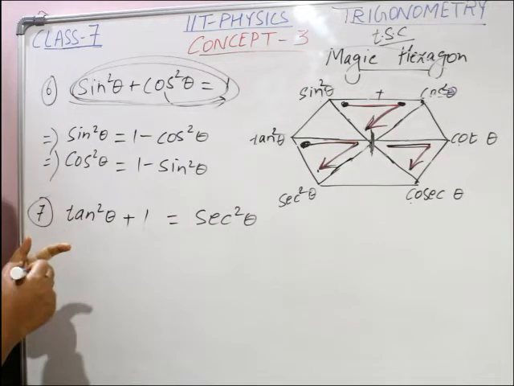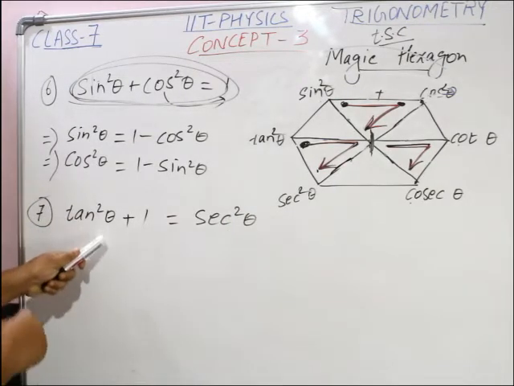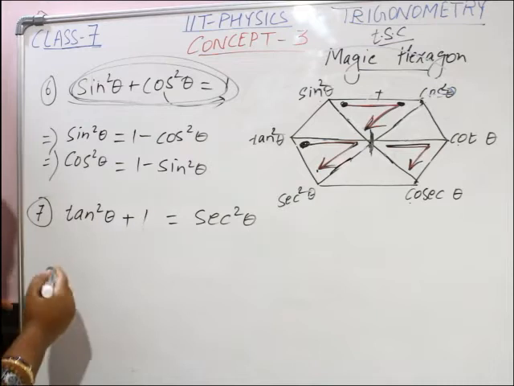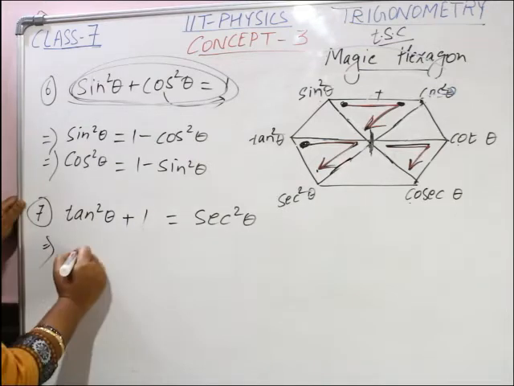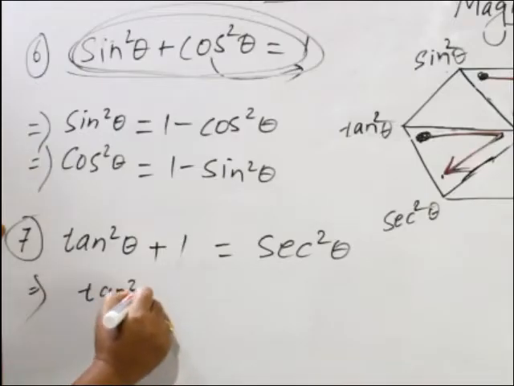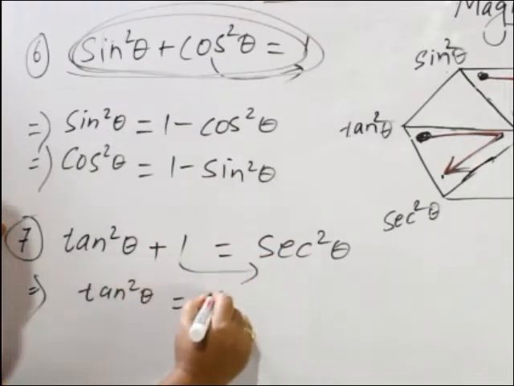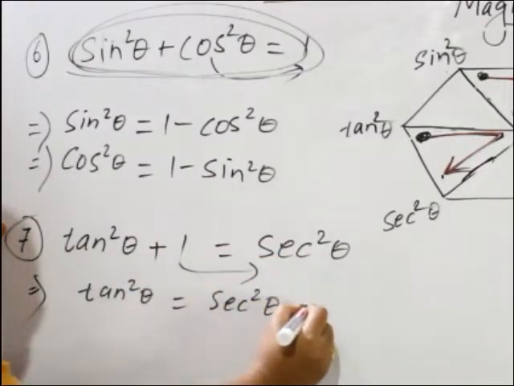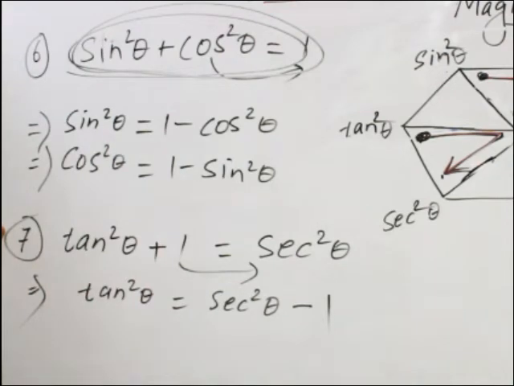This is the main one. Like this, from this only again 2 will come. What are those 2? Tan square theta is equal to sec square theta minus 1. Clear?